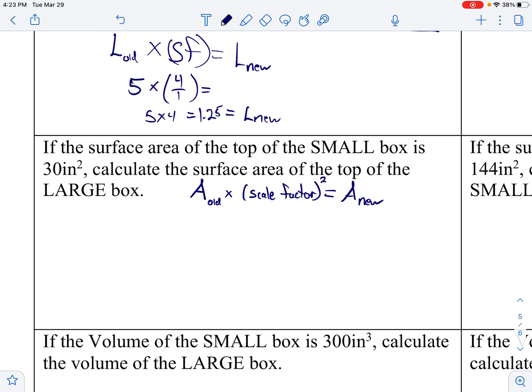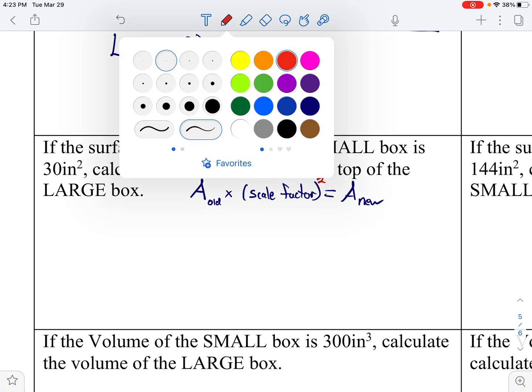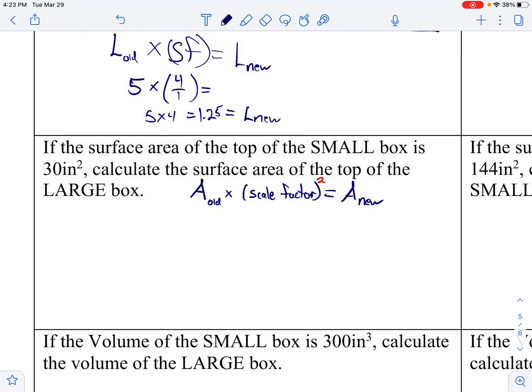So, scale factor squared. In fact, I'm going to put that in a different color. It's that important. We can't forget that. So if the area of my old box was 30, I'm going to take my scale factor, and again, I'm going from small to large. I've got to square that though.